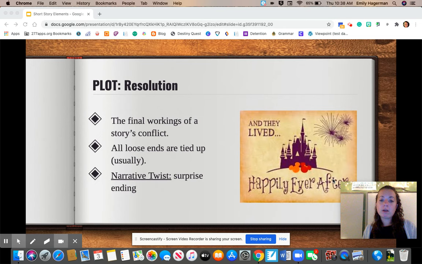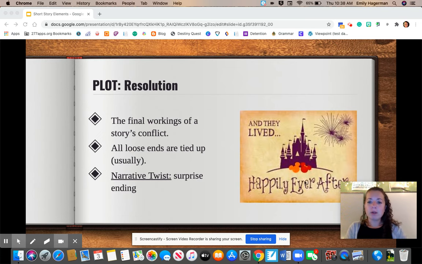There's sometimes a narrative twist, a surprise ending. So like if you think about Frozen, we thought, okay, the true love's kiss or the true love is going to come from this guy, but actually the true love is the sister. Whoa, twist. Or maybe it's like, oh wow, I didn't know that was the murderer after all. So surprise ending.